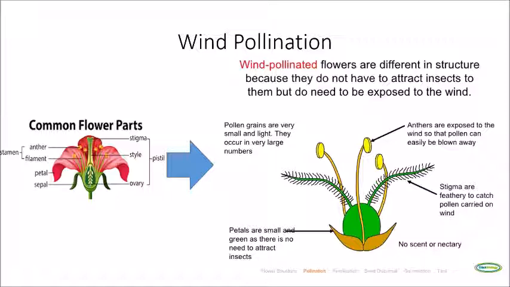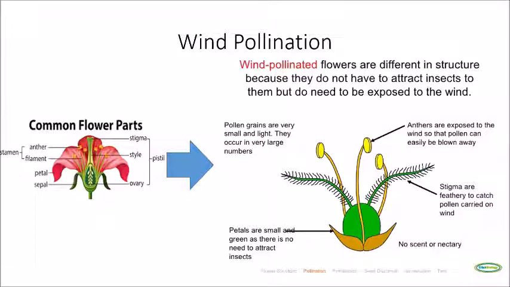So with certain species of plants, their flowers are going to be focused on carrying out wind pollination, and those flowers look a little bit different. The different parts of the flower are modified in a certain way to make it more effective at carrying out wind pollination.